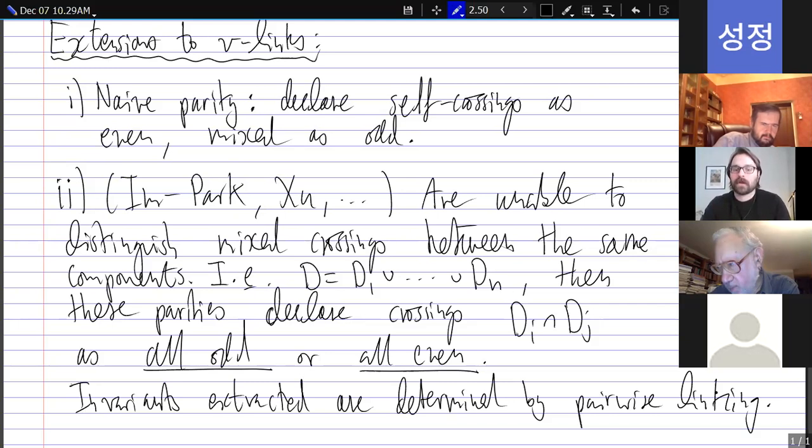If you tried to play the same game with these parities here, it wouldn't give you an invariant, it would give you an invariant that was almost entirely dependent on the pairwise linking numbers, which is, again, not so powerful. It's an upgrade from the naive parity in some cases, but it's not that much of an upgrade.